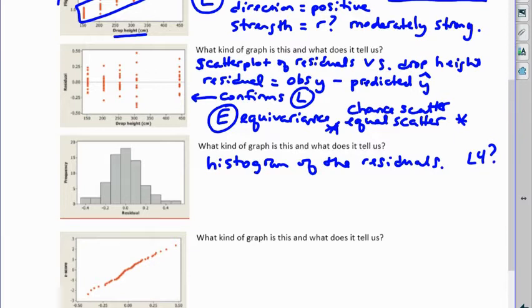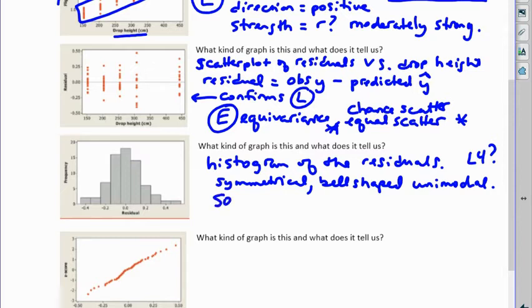So I probably did a graph of L4, and this looks like it is symmetric, bell-shaped, unimodal, just to give you some words there. It looks to me like that is going to support normalcy.